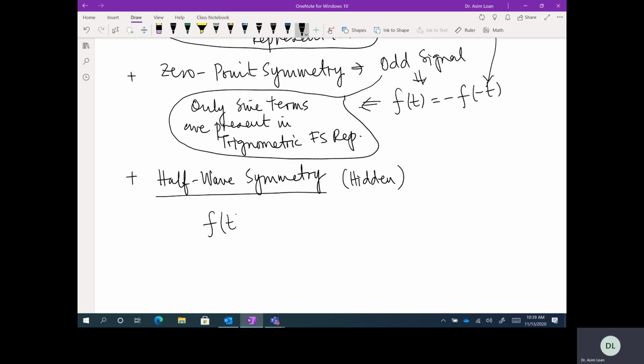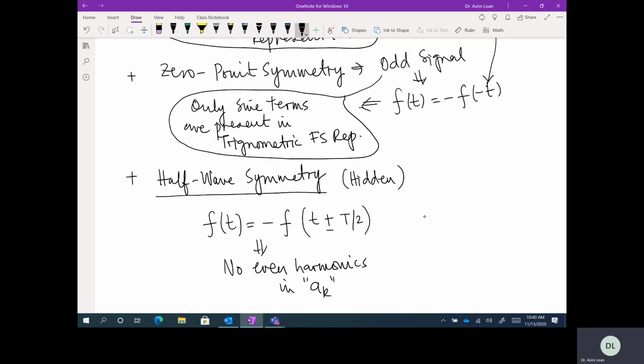If your function equals the negative of its half-shifted version, whether this is plus or minus doesn't make a difference, this implies no even harmonics in A k.